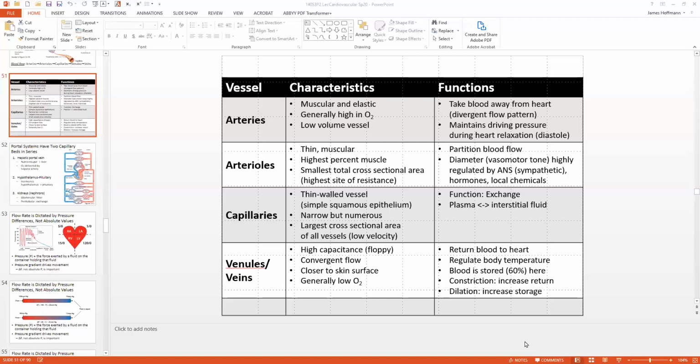And if we really want to constrict them, we can send a barrage of sympathetic activity to constrict blood vessels. But if we want them to dilate, we can reduce that sympathetic activity and then get them to widen, which would then obviously help blood flow go to those areas where we need them most.